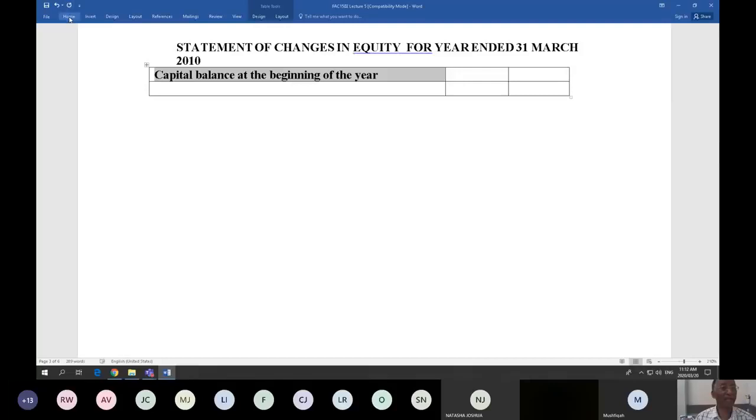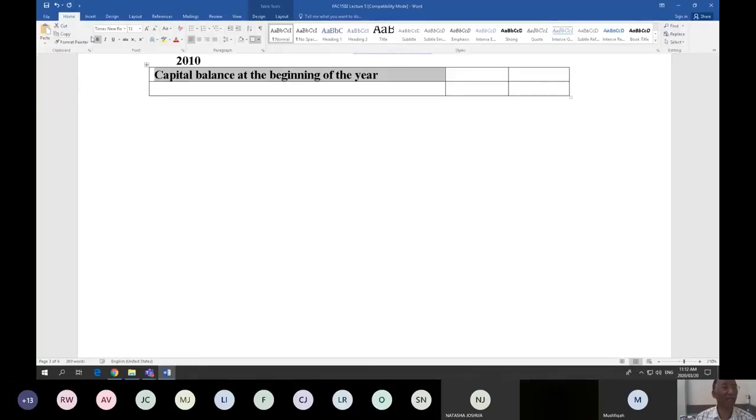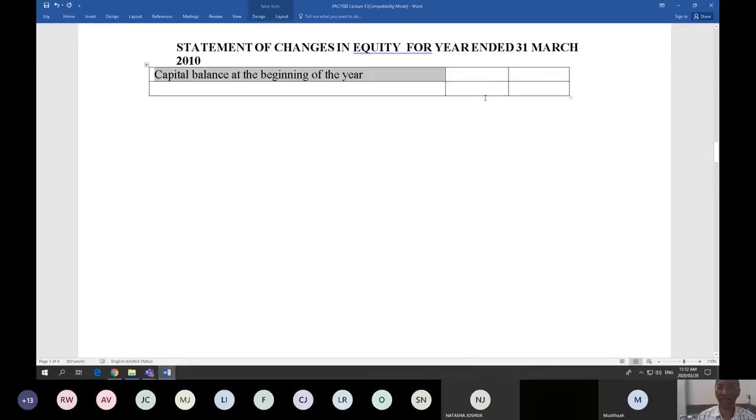And the capital balance, guys, at the beginning of the year is what is reflected in your trial balance, and your balance at the beginning of the year is 207,300. That is the value of your capital.